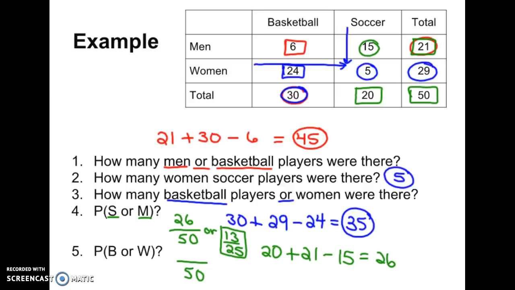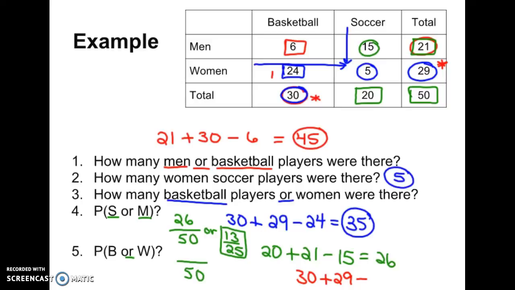The bottom one, again, is an or statement. It wants to know how many people were basketball or women. They write this one in red. The total number of people that played basketball right here is 30. The total number of women we already did, which is right here, is 29. I need to subtract away where they overlap, which is women that played basketball.